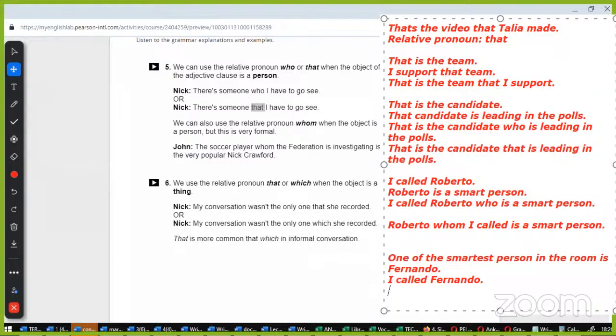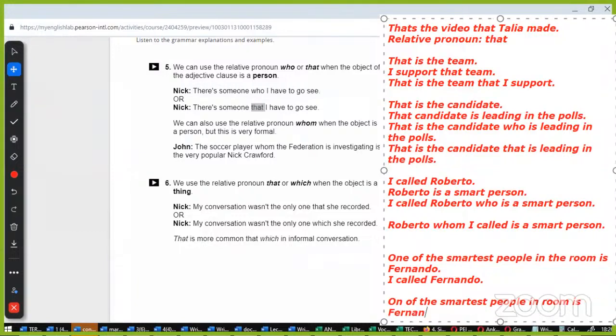One of the smartest people in the room is Fernando, who I called. Okay, so here, who I called. Here you use whom I called. Why? Because this is an object.